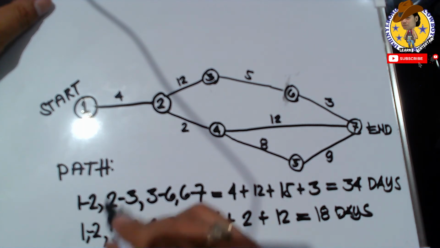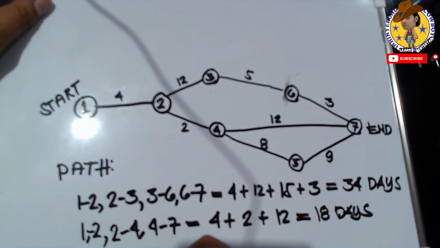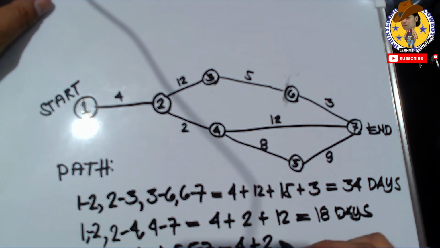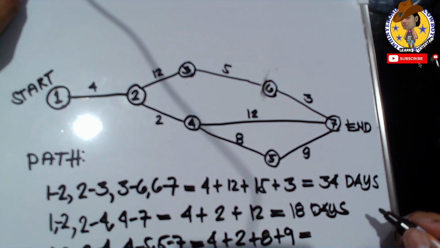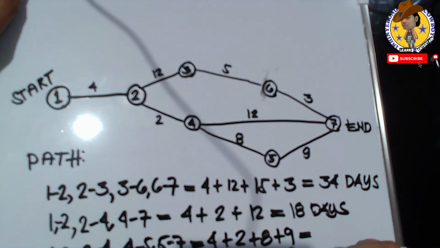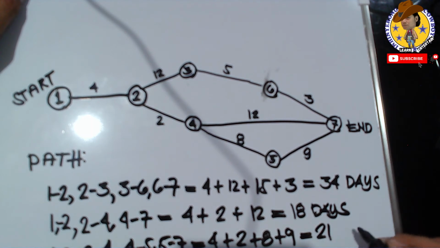Then the next is 1 to 2, 2 to 4, 4 to 5 and 5 to 7. So we have 4 plus 2 plus 8 plus 9. The total for this one is 10 plus 11, which is 21 days.